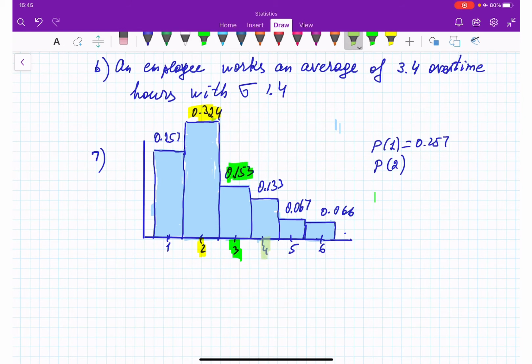Probability of 4 is 0.133, and so on. Let me write it down. Probability of 2 is 0.324, and so on. We get probability of 6 equal to 0.066.